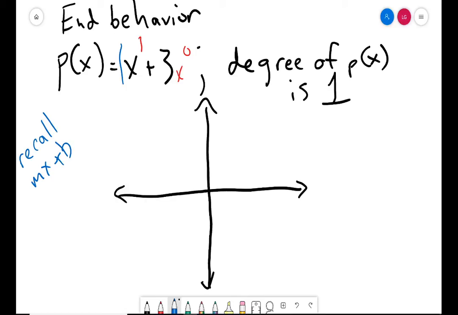X to the first is just x. So 1x to the first is just written as x, but having a slope of 1 is meaningful. It shows us something. Having a y-intercept of 3, positive 3, note how this looks like mx plus b. The pairings here: b and 3, x and x, m and 1.